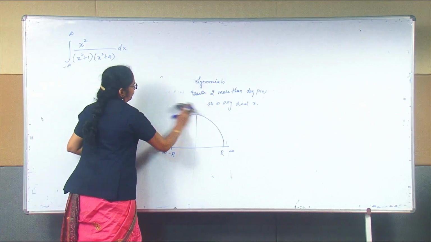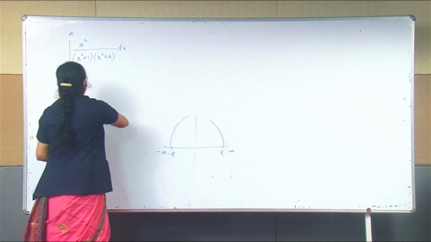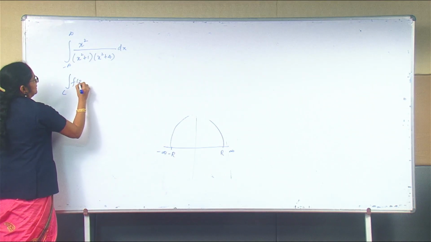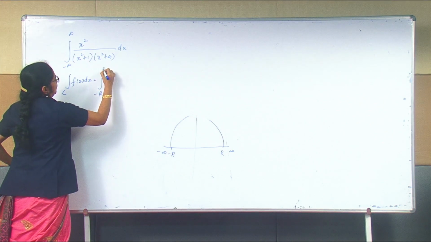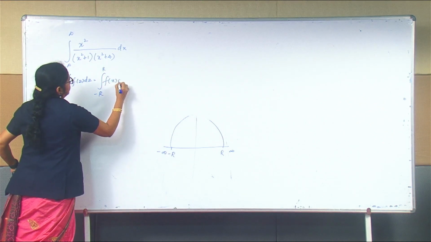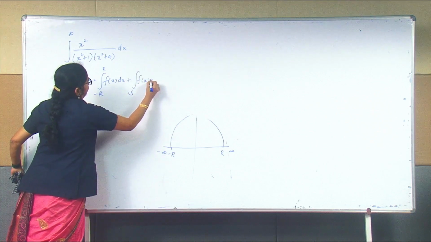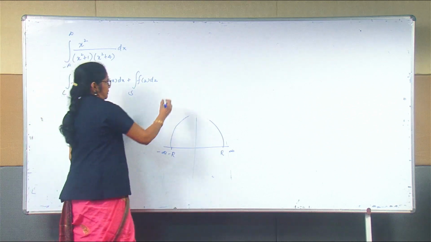Now how can we solve this one? This can be considered as integral over c f of z dz equal to integral from minus r to r f of x dx plus integral over s f of z dz. What is s? s is the upper semicircle.